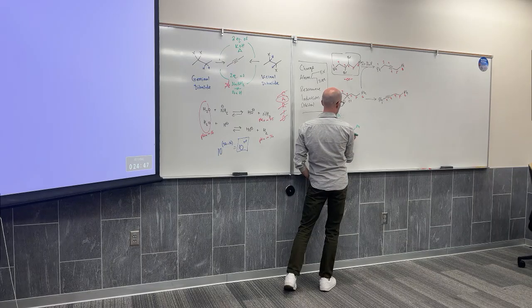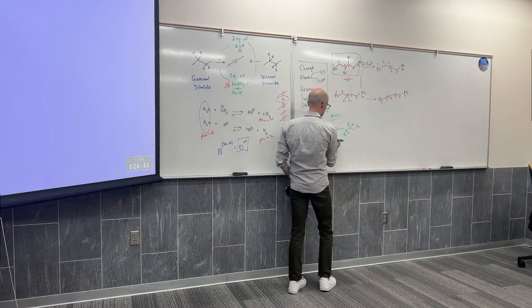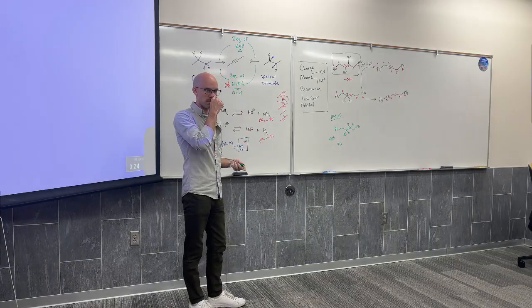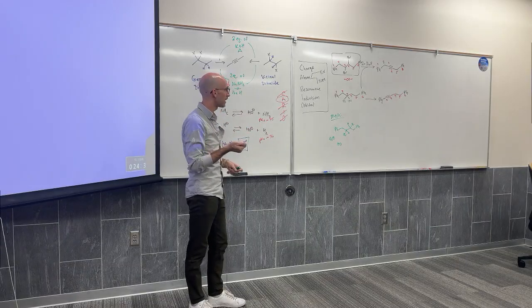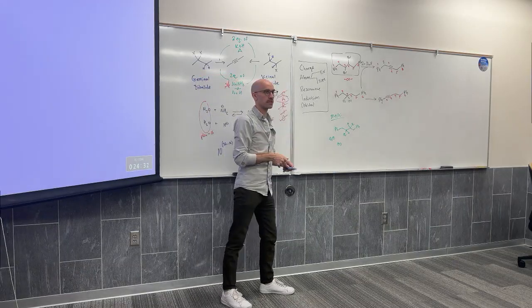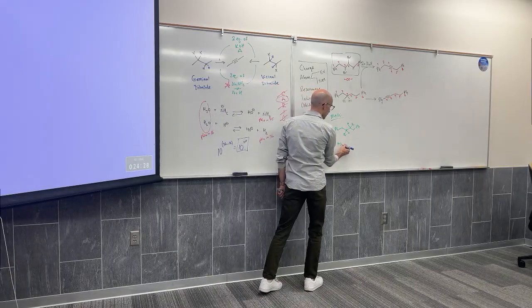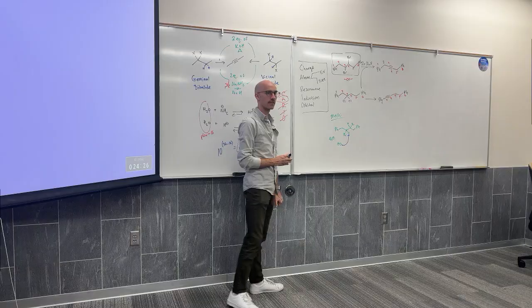And what I want to start with is the vicinal dihalide. H minus is a base, which means it's going to look for a hydrogen. So H minus takes one of these hydrogens.